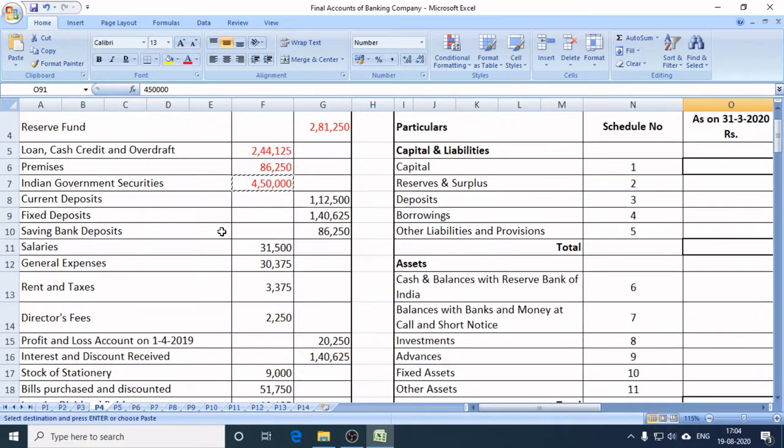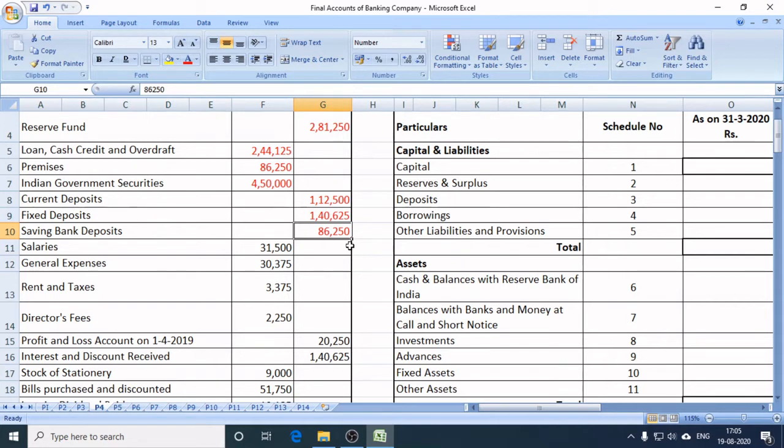Okay. Next in the problem is current deposits. Let me tell you here. See, current deposits. Then next is saving bank deposits, and third is fixed deposits, and next is saving bank deposits. Now these three ledgers have credit balances. And these are the liability of a bank.